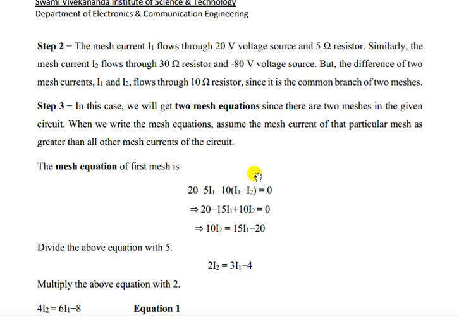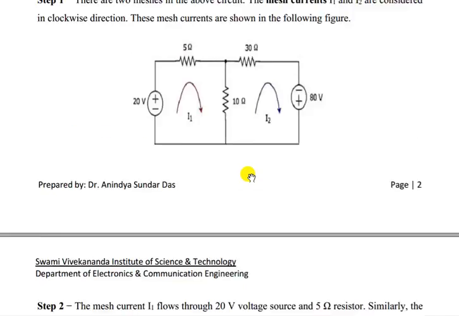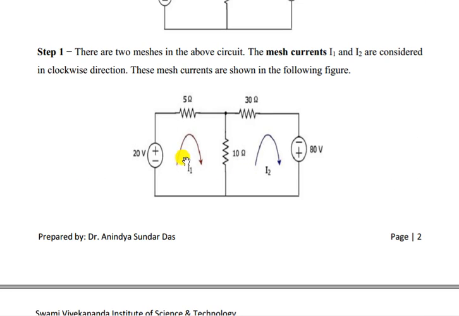Now we can follow some process. When writing KVL along a loop, for this branch the current direction is upward and the voltage goes from minus to plus, so it is increasing.